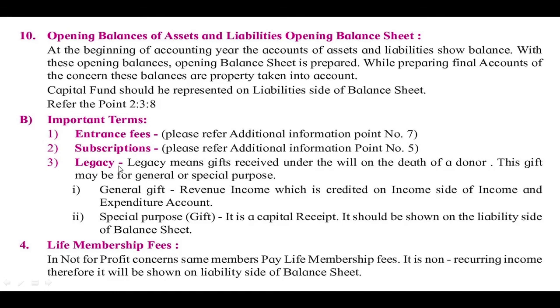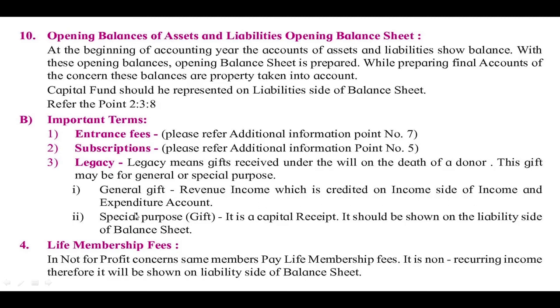Legacy. Legacy is the gift received under the will on the death of a particular donor. These gifts can be general or for a specific purpose. General gifts are treated as revenue income and they are recorded on the income side.